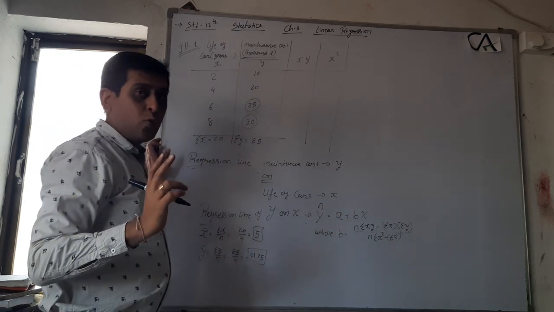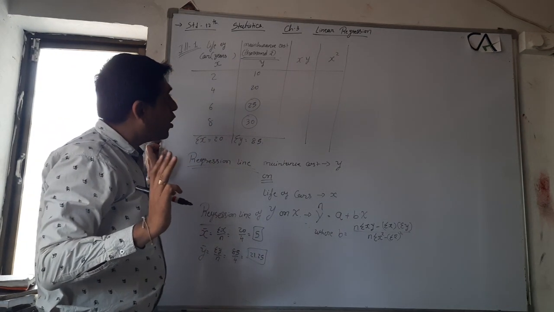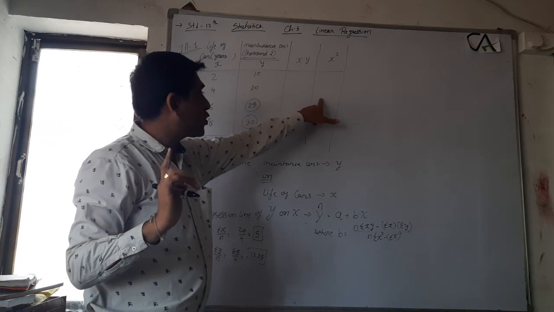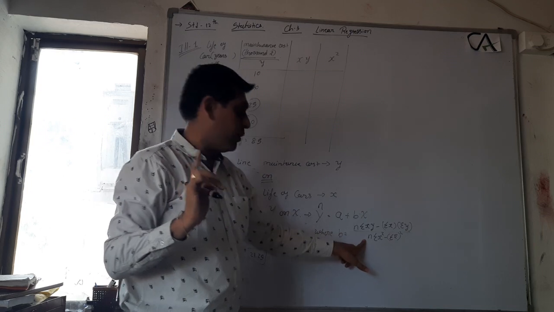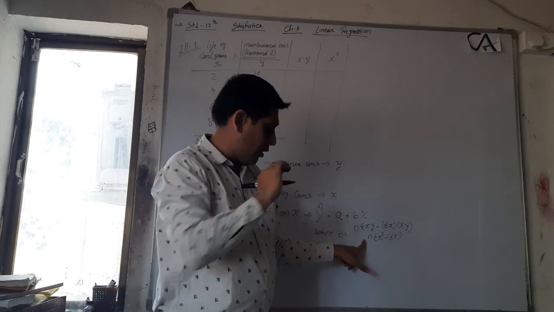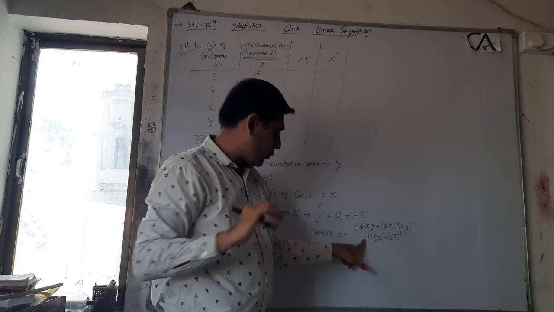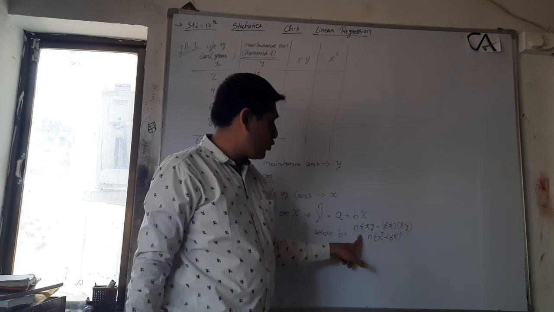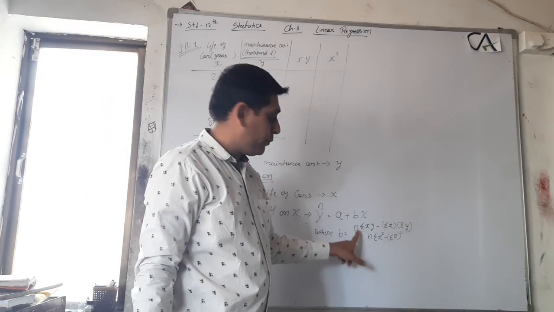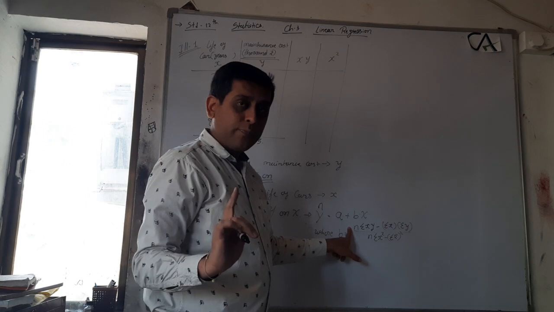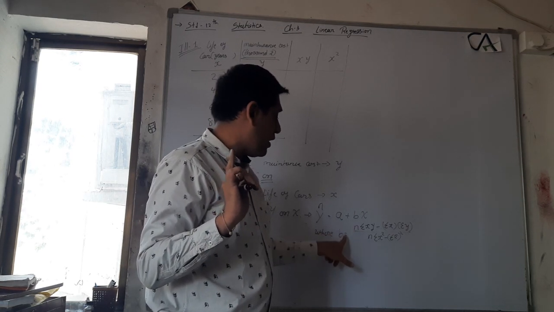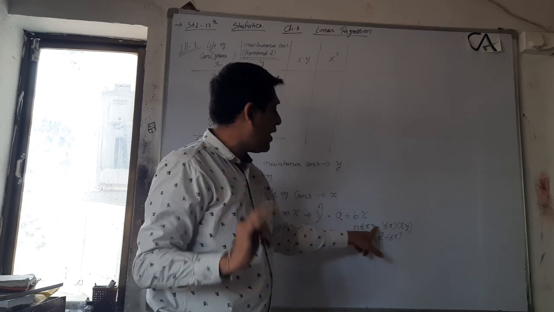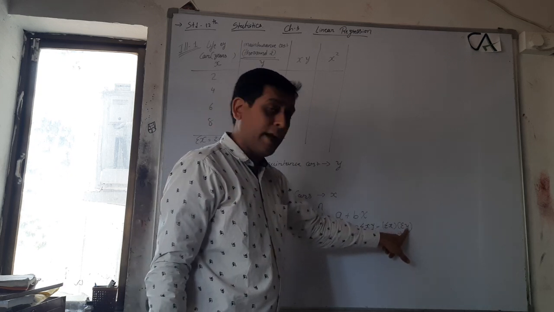In chapter number 2, we are taking three columns, that is xy, x square and y square. But here in the denominator there are some changes: there is no square root in the denominator. See, the numerator is common. In chapter number 2, the formula for direct method, r is equal to n sigma xy minus sigma x sigma y.